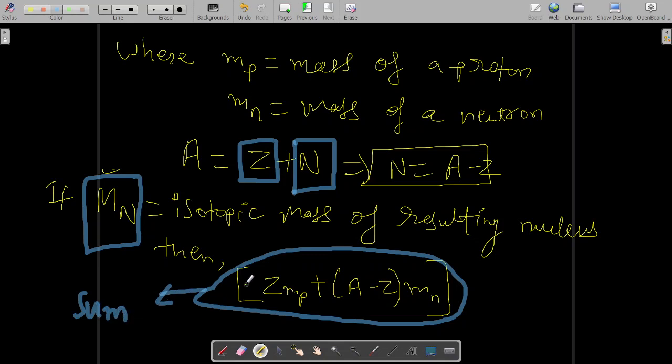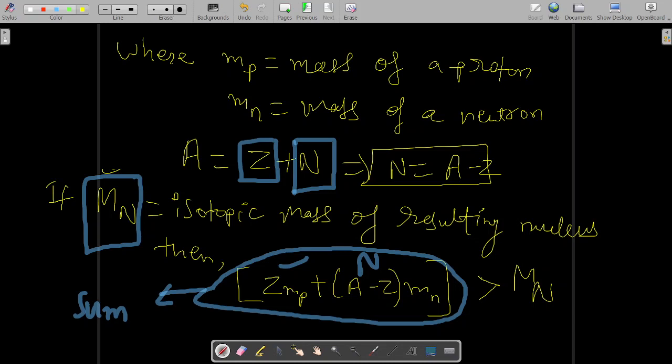Means you have summed up the masses of Z protons and A minus Z neutrons, means capital N neutrons. So this sum is slightly greater than your capital Mn, because of mass defect, because some of the mass has been lost in the formation of this nucleus, as it was an exothermic process.